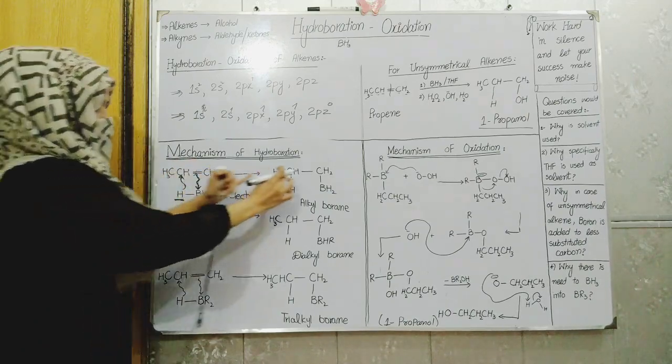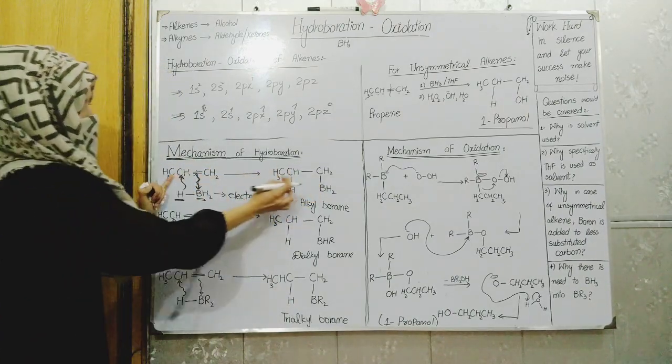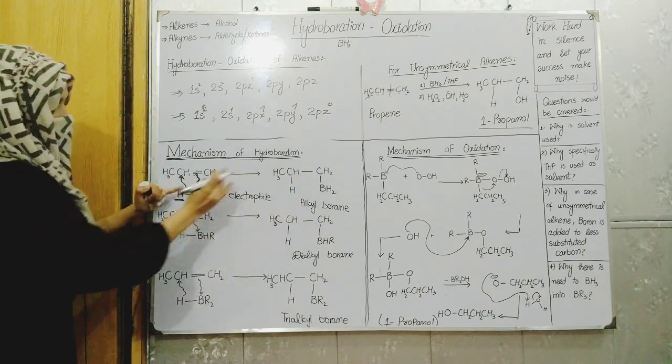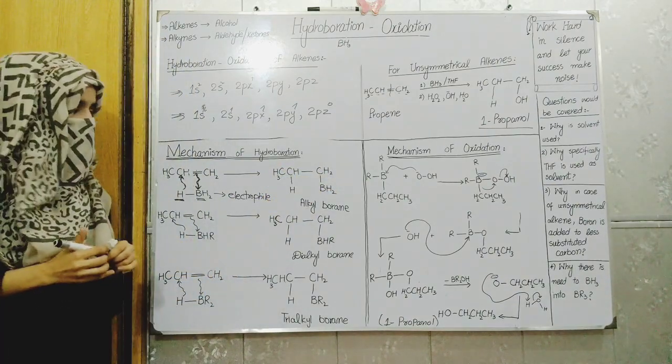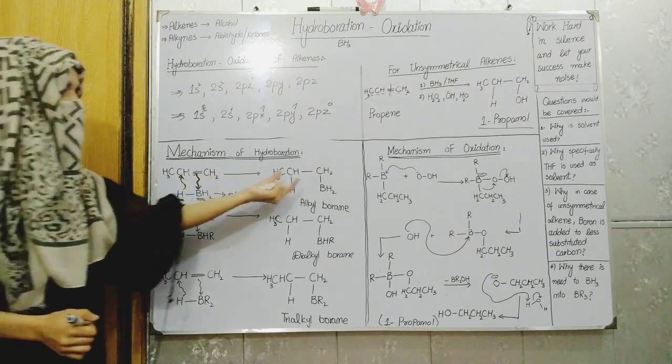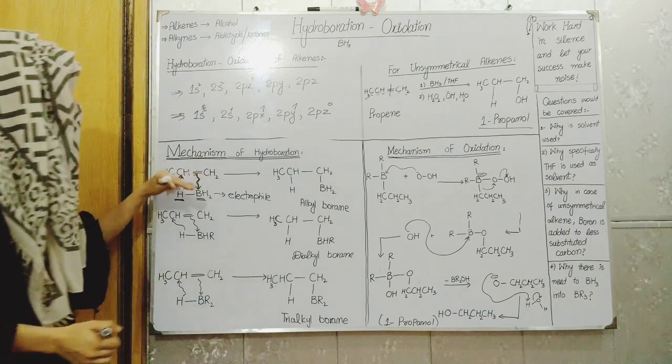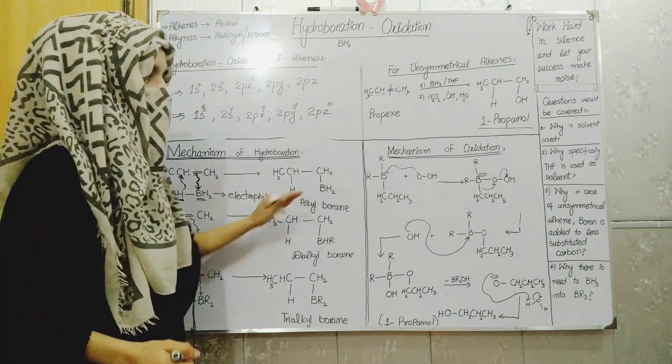This pi bond breaks, this hydrogen atom will be added to that carbon and boron added to that carbon. One thing to remember here, the boron group is always attached to that carbon which is less substituted.